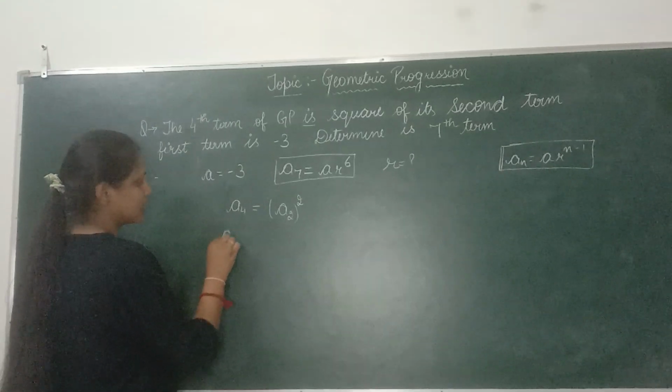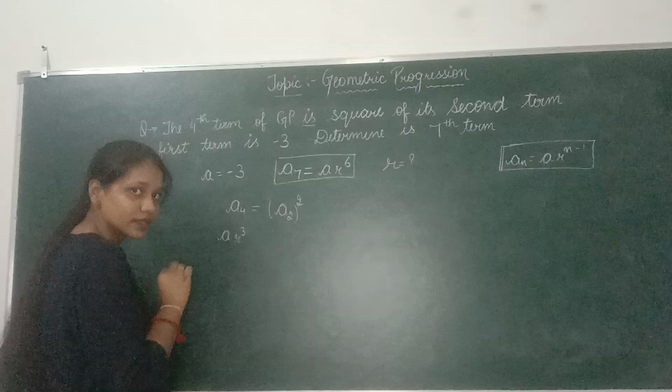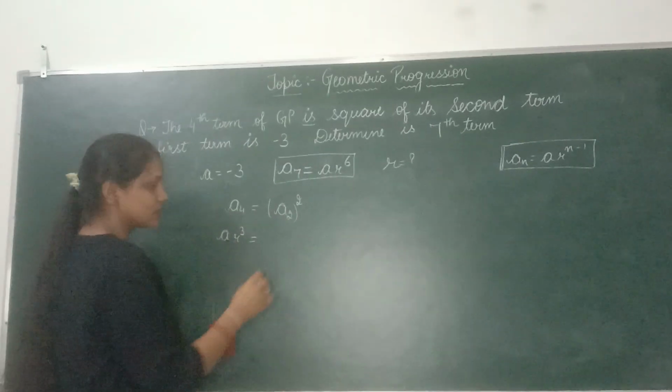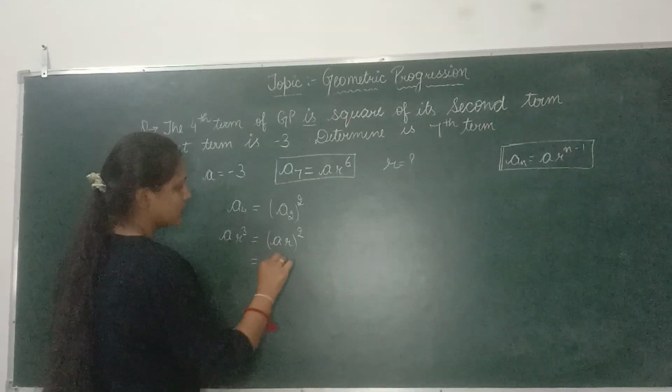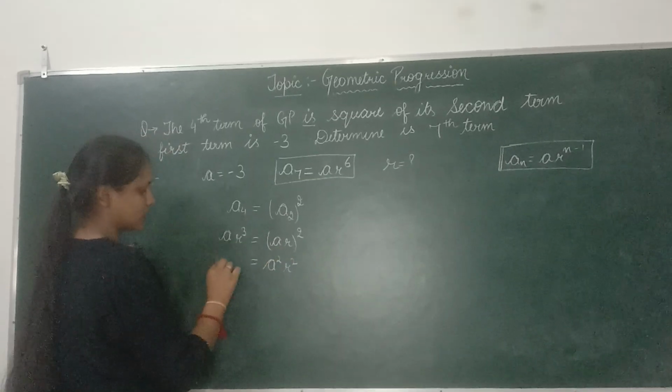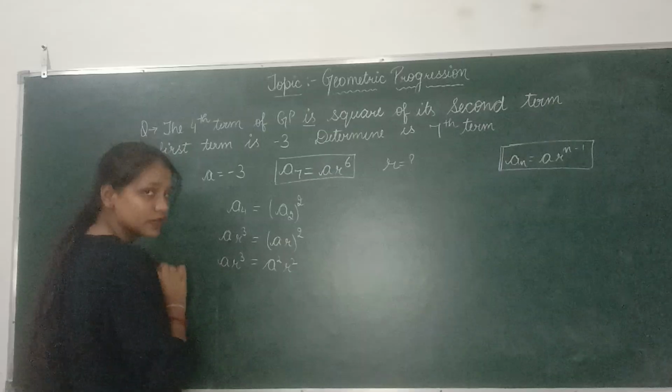A4 should be written as A R power 3 and A2 should be written as A R square. By squaring here it will be A square R square, and here it is A R cube.